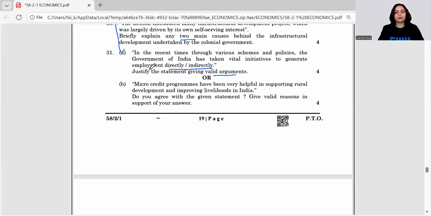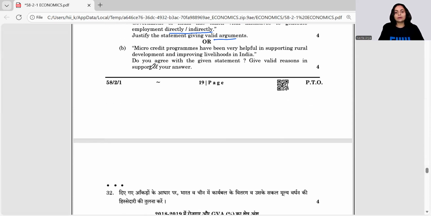Right. Now, our question says, microcredit programs have been very helpful in supporting rural development and improving livelihoods in India. Do you agree? Support your answer. Microcredit programs are very helpful because in the interiors where there is no formal coverage of the banking system, microcredit programs are a boon to them.